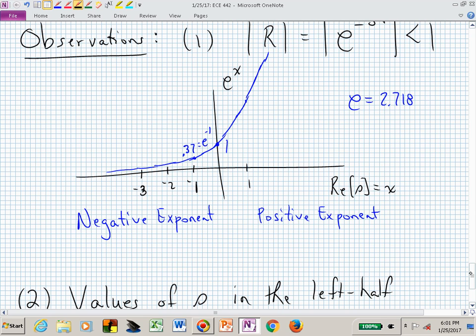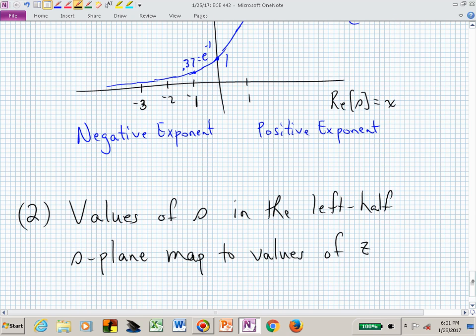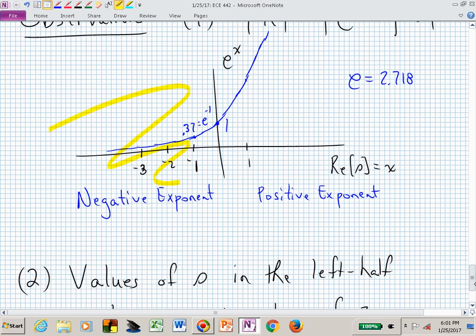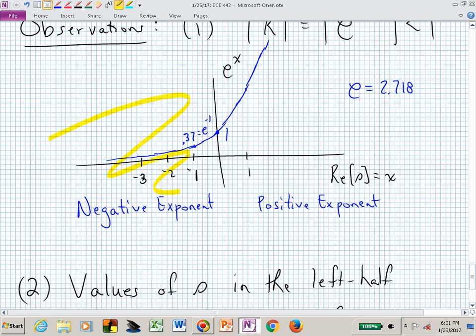If we are in the left half S plane, now we are over here, aren't we? What's that blue curve for e to the x? Where is that numerically? Or if I could give you a hint, where is it relative to that highlight? It's always less than 1, isn't it?